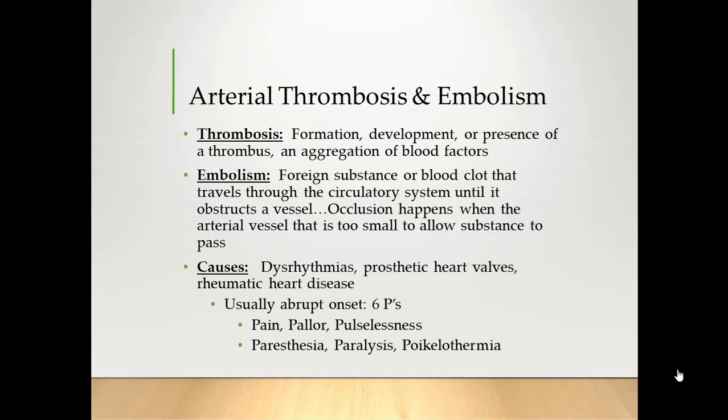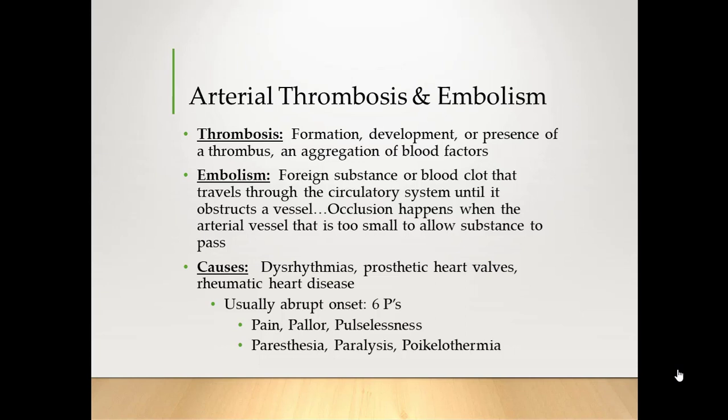It will occlude the blood vessels. Things where we see thrombosis and embolisms are anytime with arrhythmias, like AFib. The heart is not pumping effectively, so that blood is pooling in the heart. So once it does get kicked out, there might be some clots in there that can travel to the brain or the leg or wherever.